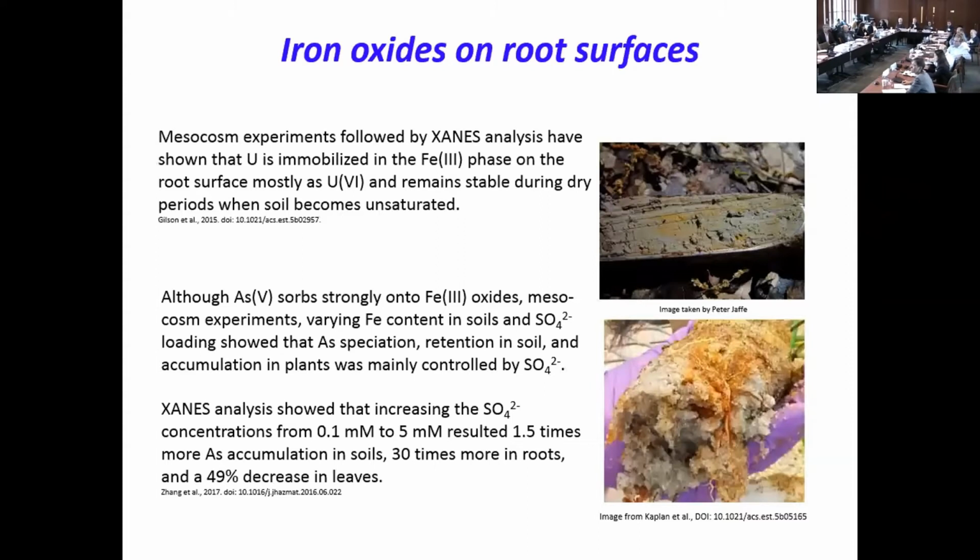So what it shows is that the soil chemistry and plant uptake of a contaminant is very, very complex. You have to look at how the redox conditions change, and what the competition is between different molecules and plant uptake.